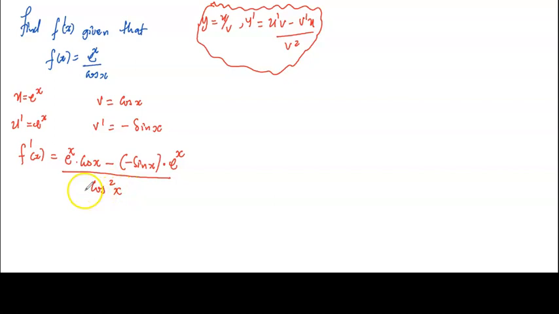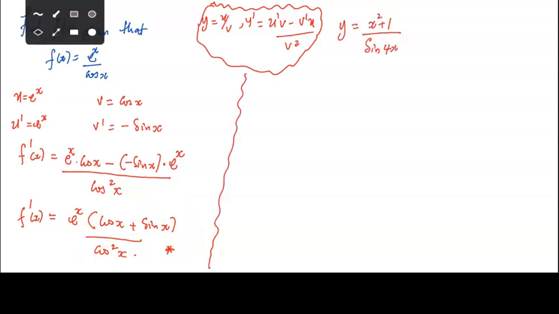This is your derivative, but you cannot leave the derivative like this. We need to factorize it. If you factorize what is common, we shall have e to the x into cos of x plus sine of x, all of it over cos squared of x. At this level, we can leave our expression like this. This is our derivative using the quotient rule.